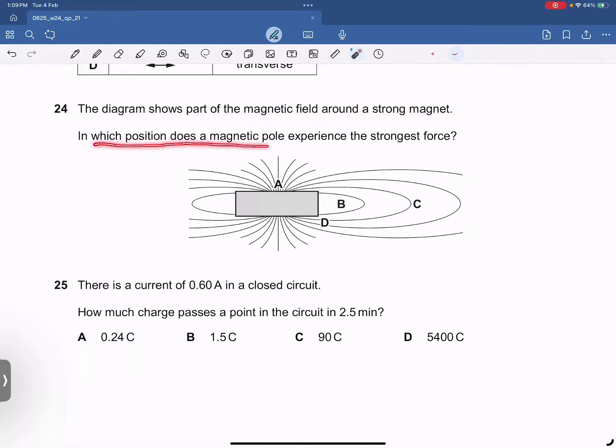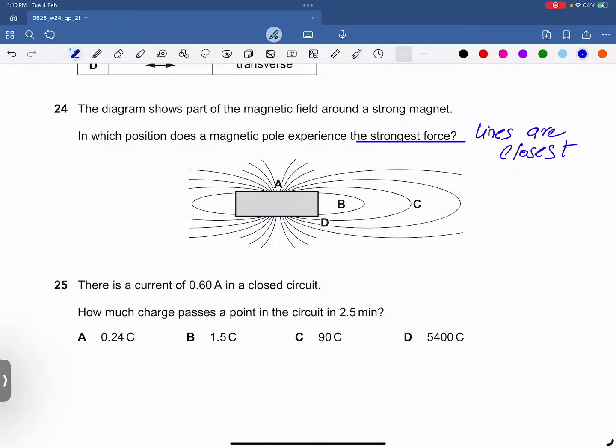Which position does the magnetic pole experience strongest force? Strongest force means the lines are closest. When lines are closest, it's the strongest force, and strongest force is always on poles. So option is A.